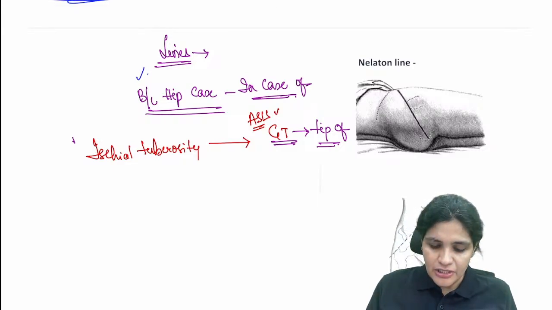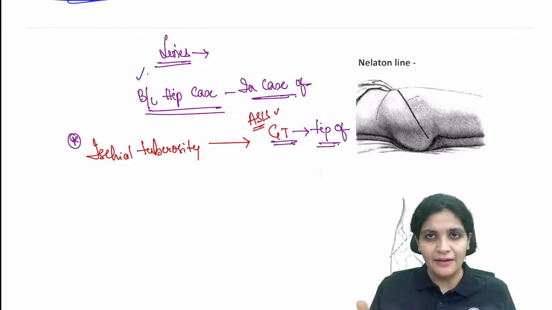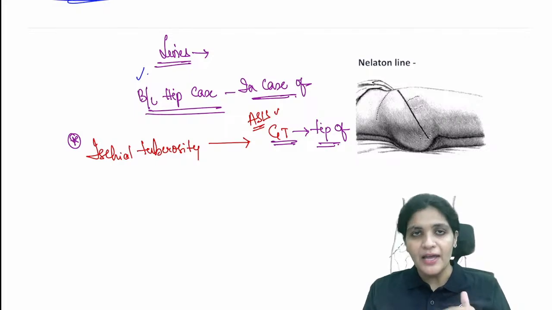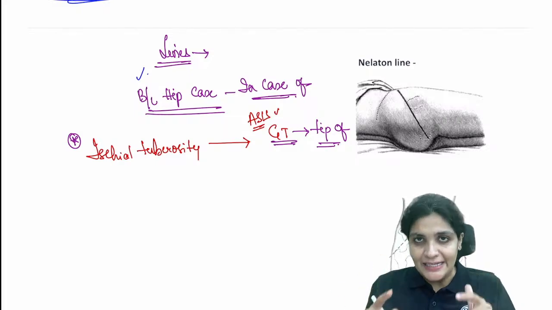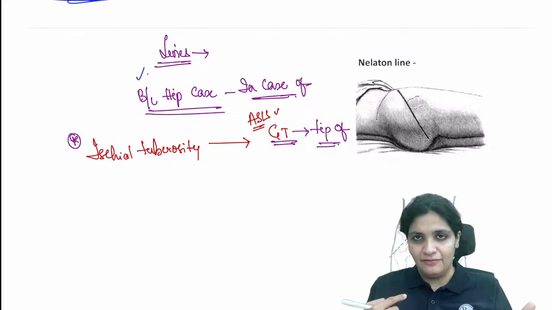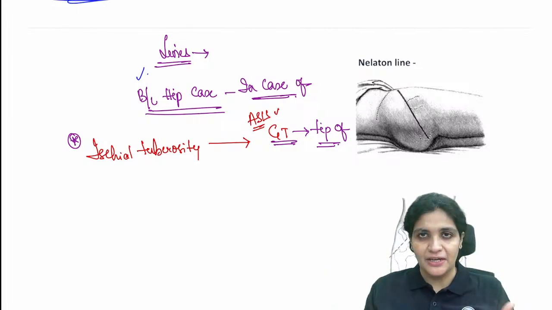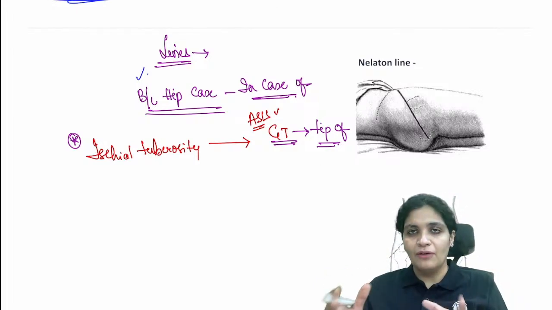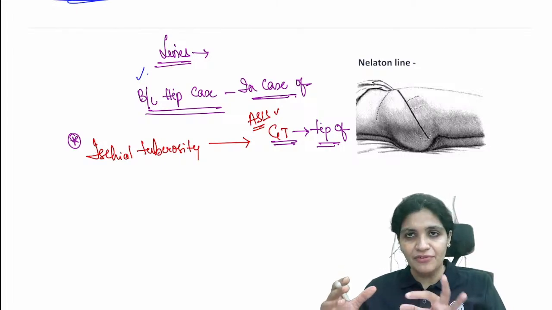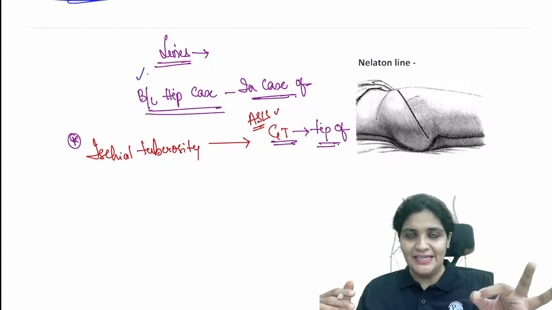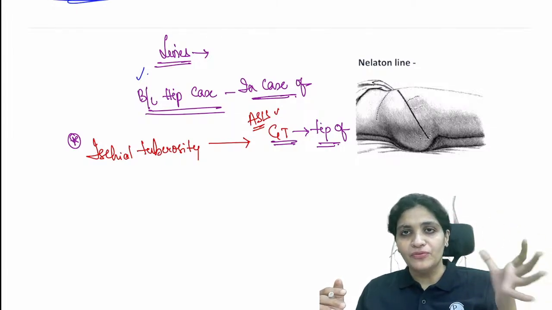Understood? So this is the ischial tuberosity. Whenever both hips are involved, you take the help of Nelaton's line. This is not comparative, so you are not comparing with the opposite side; you are testing individually. You draw an imaginary line from the ischial tuberosity to the ASIS, and this should pass through the tip of the GT.